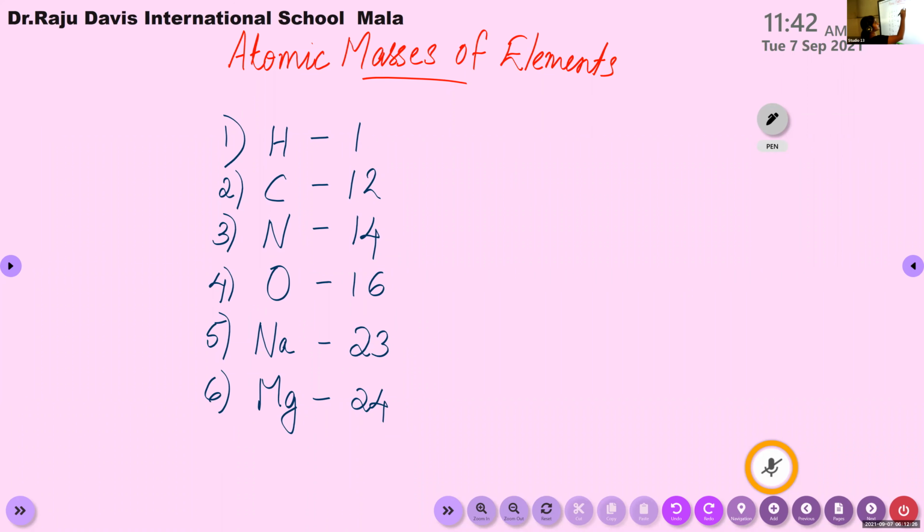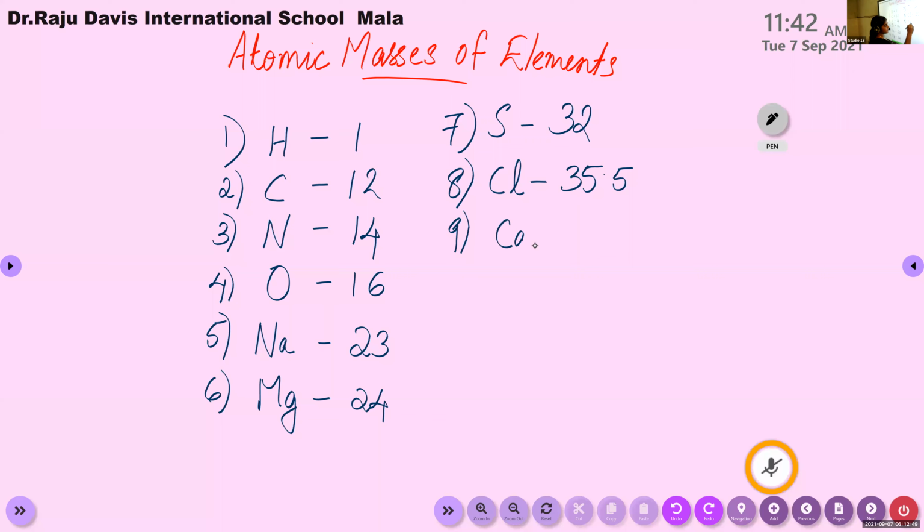The seventh one is sulfur. Its atomic mass is 32. Next one is chlorine. Its atomic mass is 35.5. The ninth one, calcium. Its atomic mass is 40.